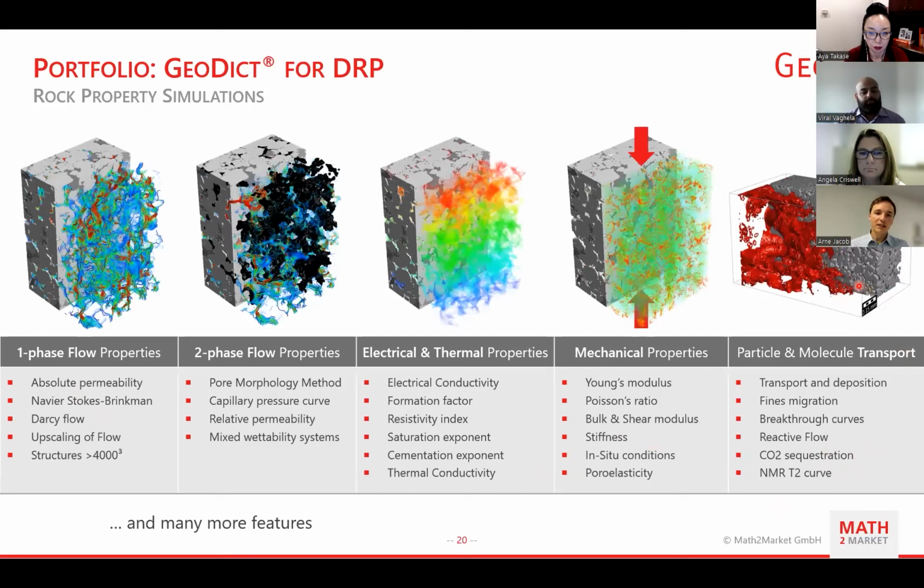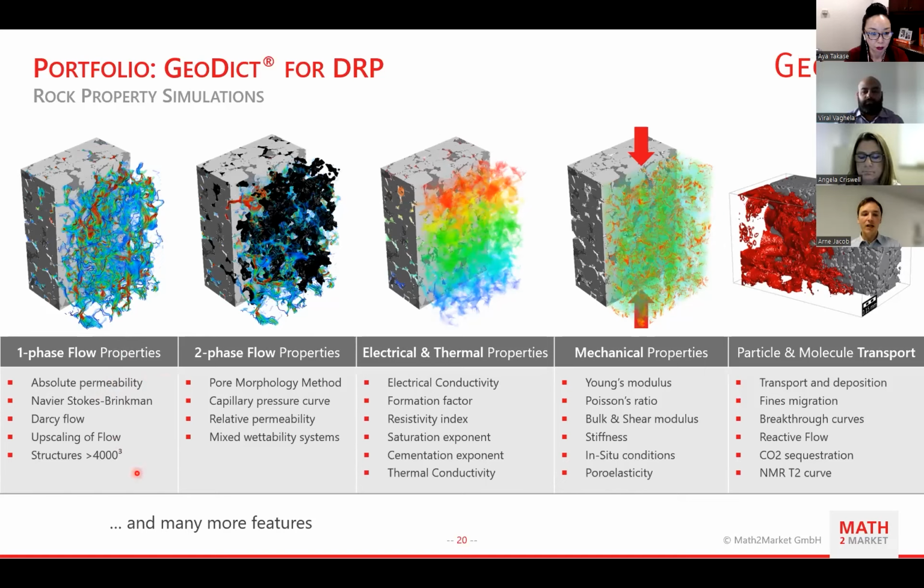And I have one last slide only about simulation approaches we offer with our software. We have solvers that solve one-phase flow problems, and that allows you to compute absolute permeability with a Stokes-Brinkmann or Navier-Stokes-Brinkmann approach.